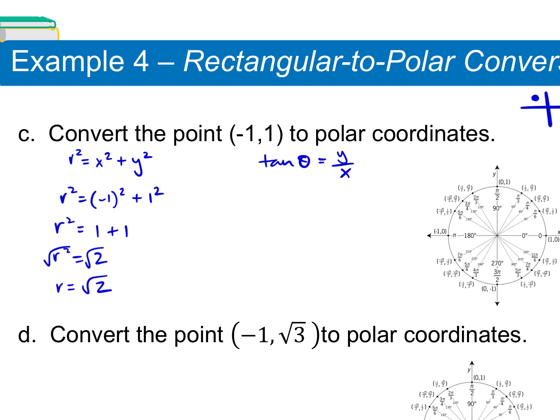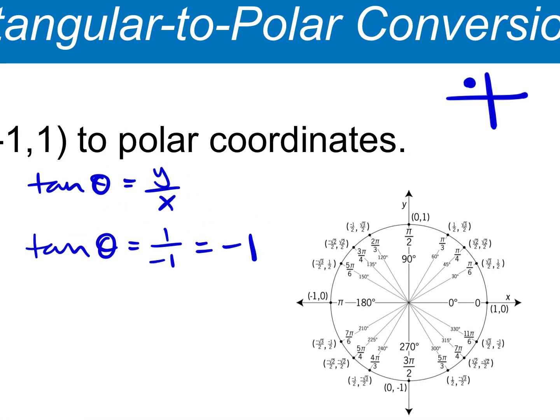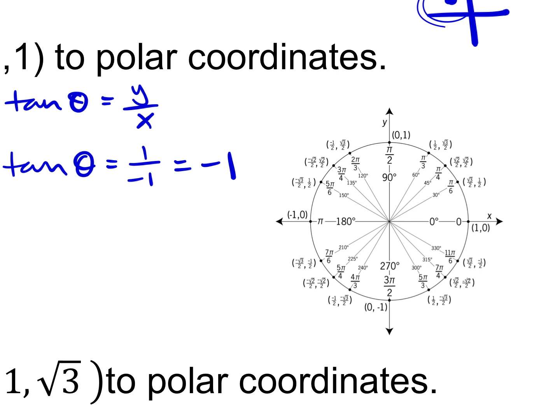Now let's find our theta. Tangent of theta is equal to 1 over -1, which simplifies to -1. So using our unit circle, looking at where our point is, we know that we're going to be somewhere in the second quadrant. Looking at my values in the second quadrant, which radian measure would give me -1 when I did y over x?